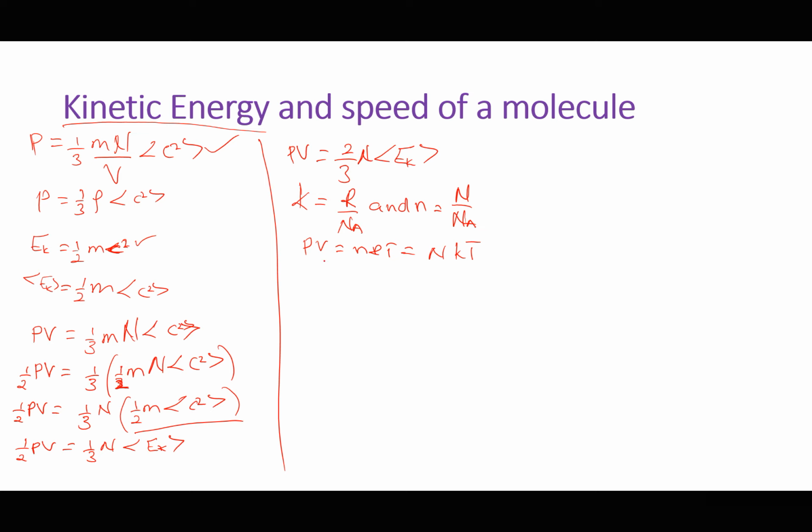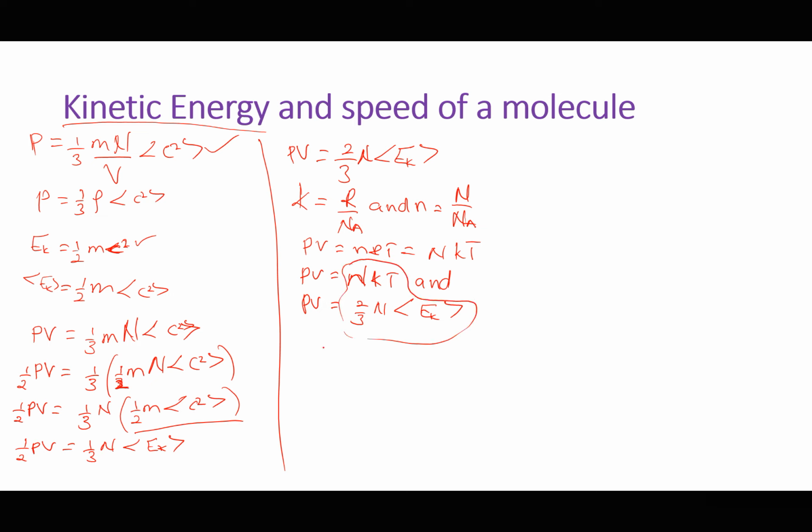Let's simply compare PV equals NkT with the expression we just got above, which is PV is equal to 2 over 3 N average kinetic energy. When we compare these two expressions, you notice that this side will be equal.